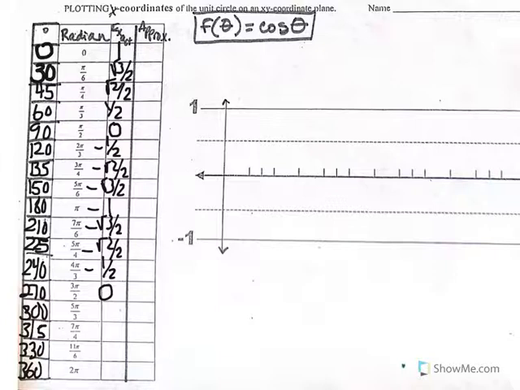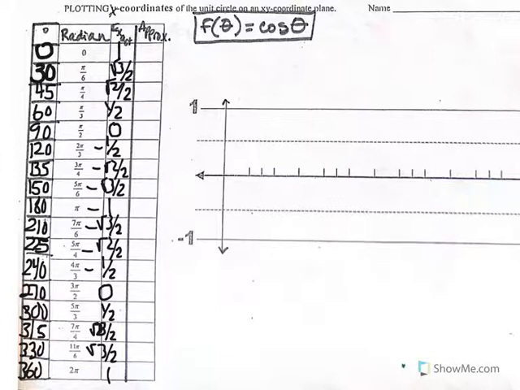Now we go to the fourth quadrant where cosine is positive. And so then we become positive 1/2, then we become positive square root 2 over 2, then positive square root 3 over 2, and then positive 1. So, this should be square root 2 over 2 right there.